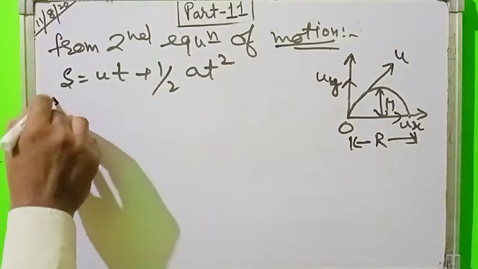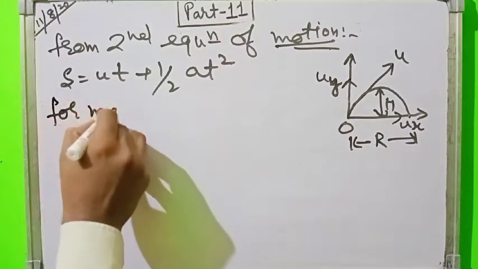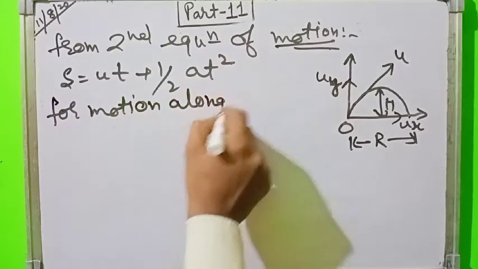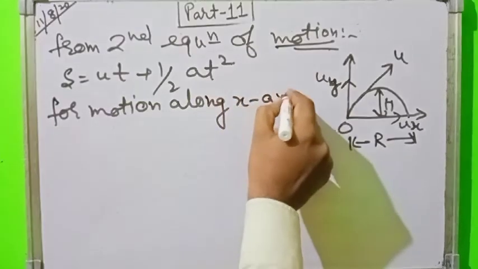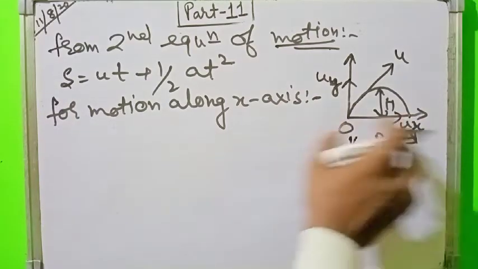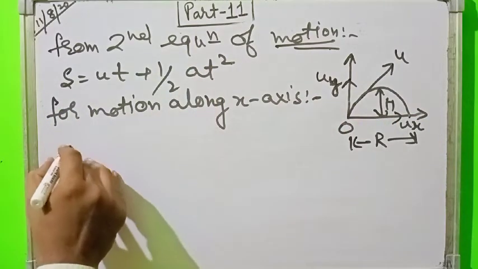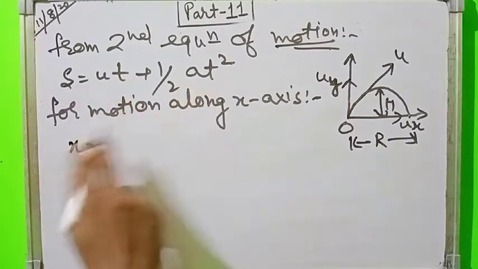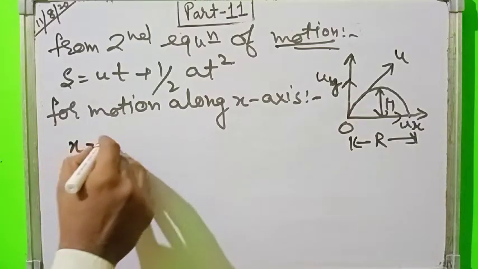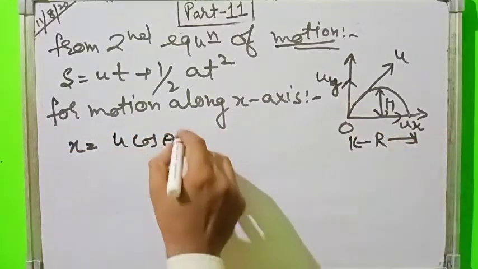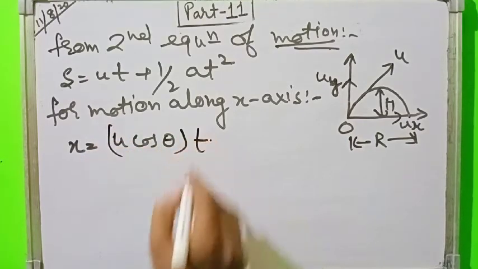For motion along the x-axis, the distance traveled, x, is equal to the component of velocity along the x-axis, that is ux, u cos theta, into t.